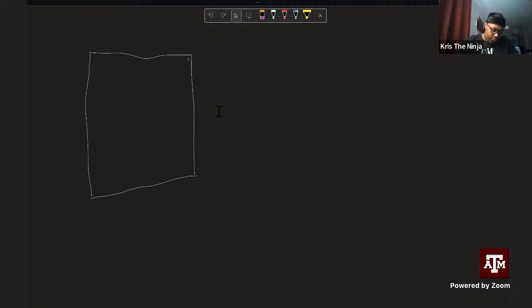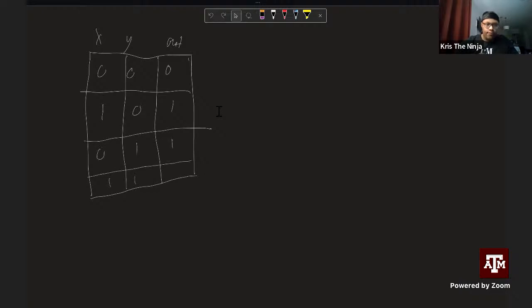So if you have 0 and 0, you get no light. If you have 1 and 0, you get light. If you have 0 and 1, you get light. But if you have 1 and 1, you get no light. This is an XOR gate, and that stands for exclusive OR. So it's exclusively reserved for when it's in its OR case.